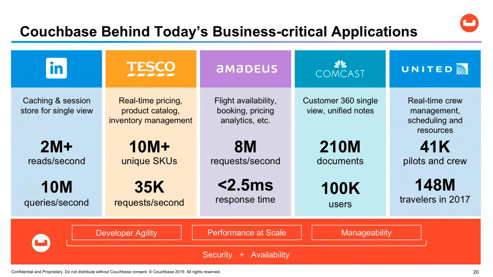Comcast provides a single view to their 100,000 internal users, accessing 210 million documents from phone. United Airlines uses a crew scheduling application, provides support to 41,000 people using Couchbase to make sure you arrive safely and services millions of travelers.